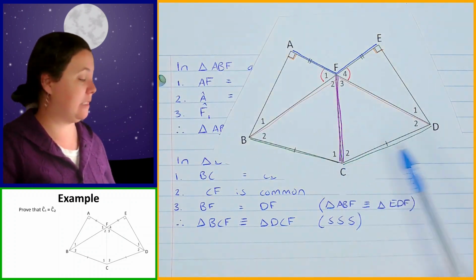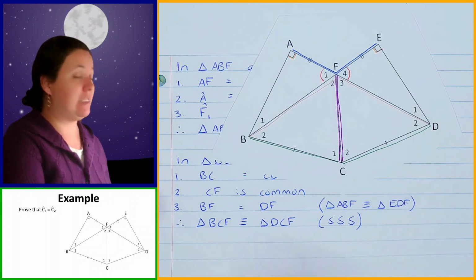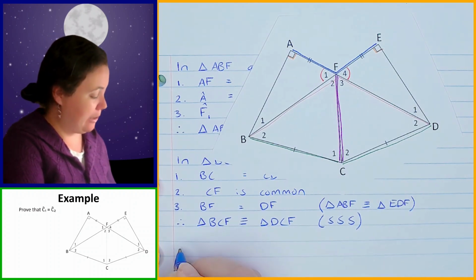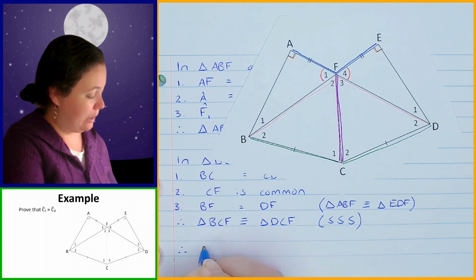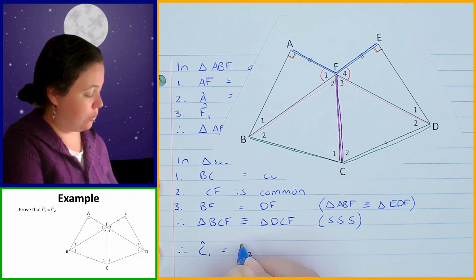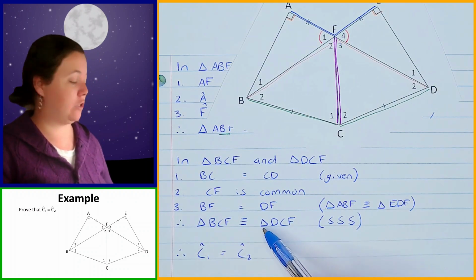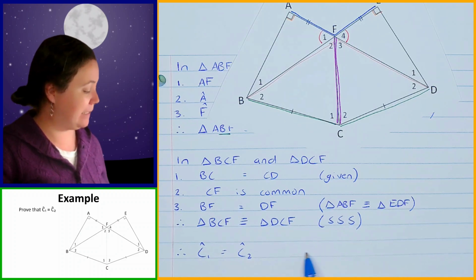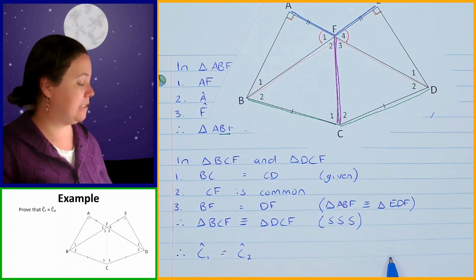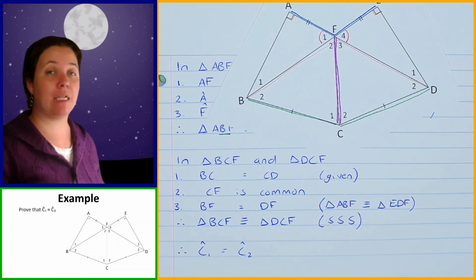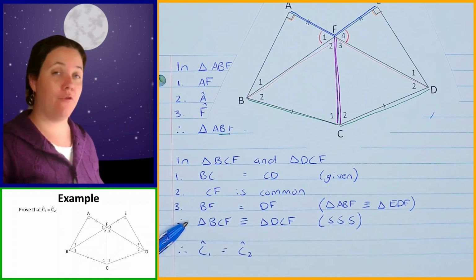The ones that we're interested in are C1 and C2 because that's what they asked us to prove. So now I can say, therefore, angle C1 is equal to angle C2. And the reason I know that is because I just proved that this is congruent over here. Now, I don't have to say congruency over here as my reason because it's following on from that. So it's a conclusion that I'm drawing from that.